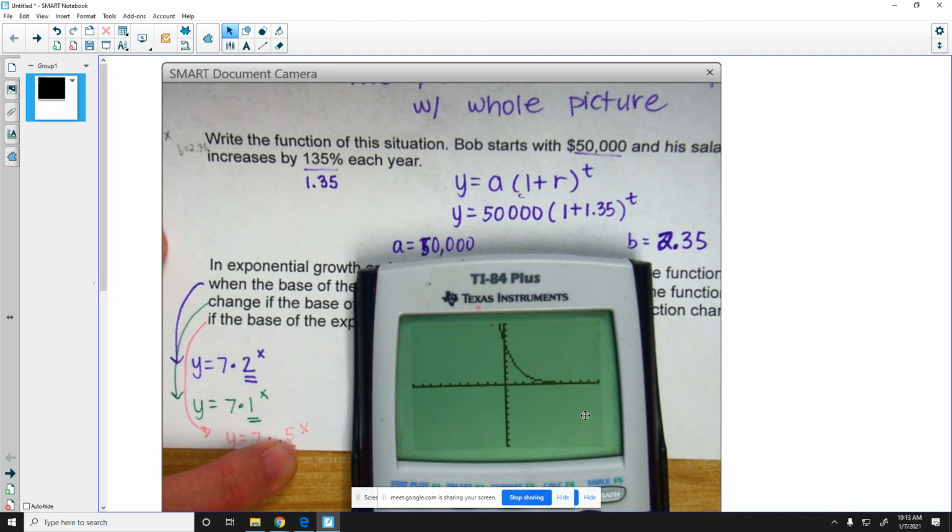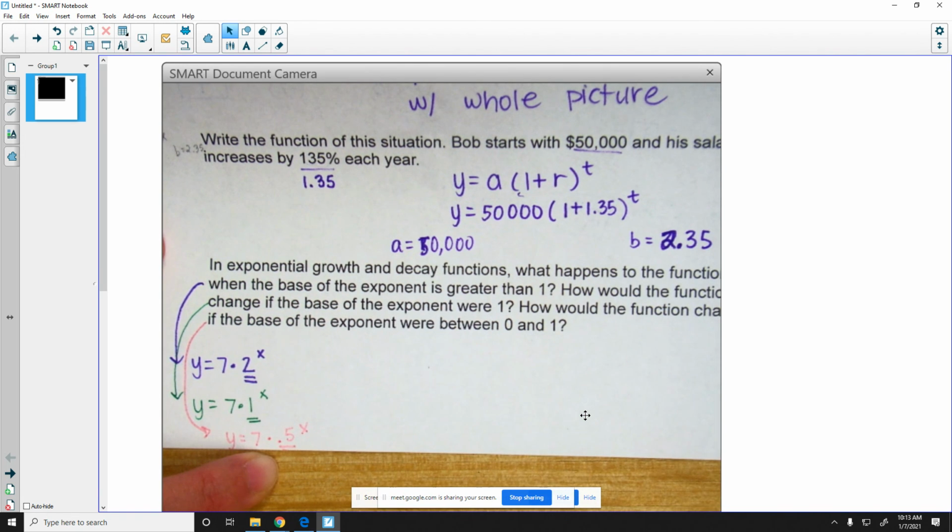So does anyone think they can say overall what changes in each of the pictures? So this is if it's between 0 and 1. This is if it is 1. And then this is if it's greater than 1. Okay, so what can we say? Right, but how?